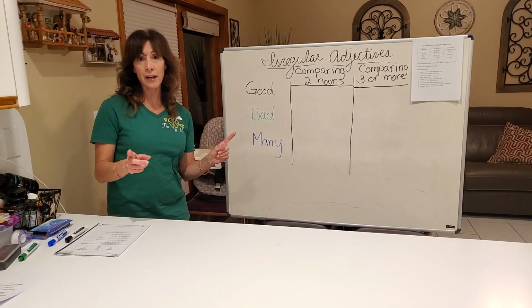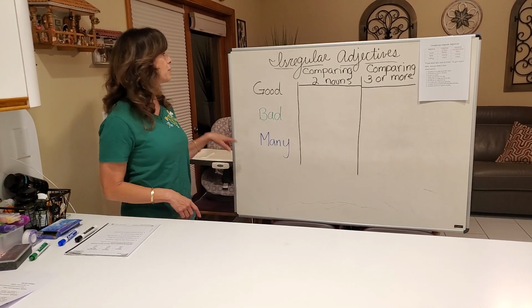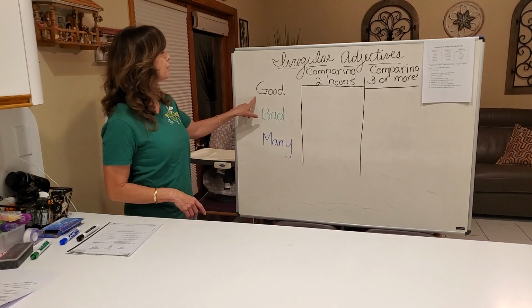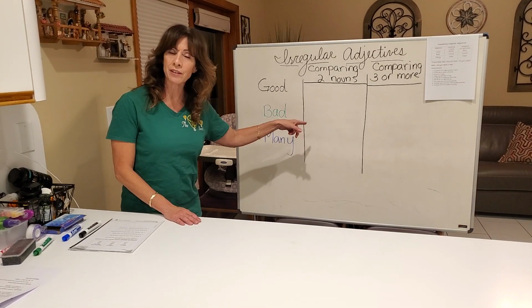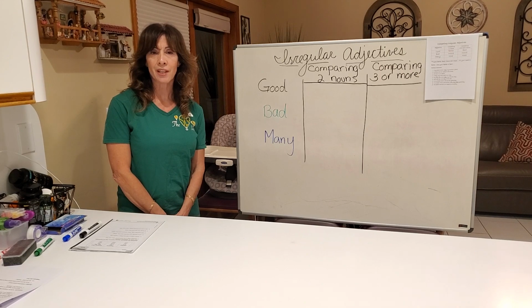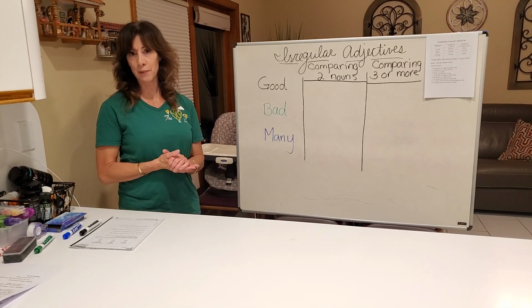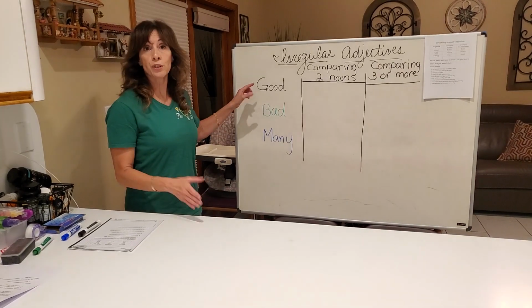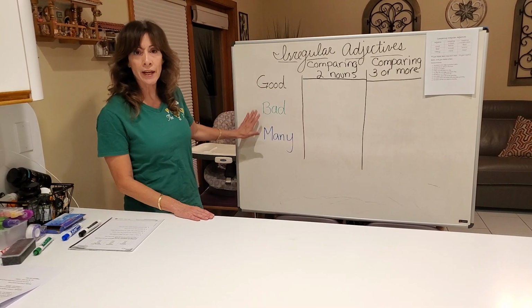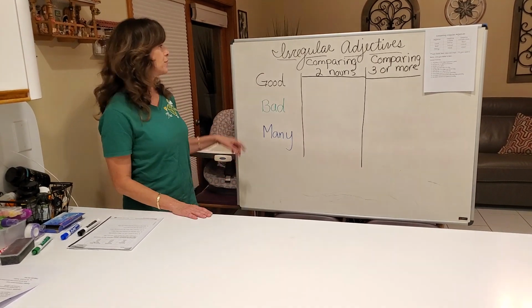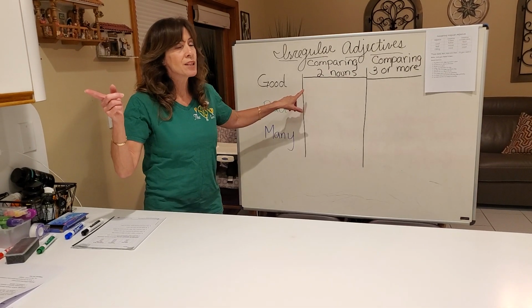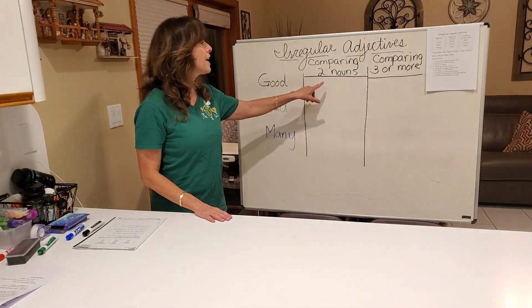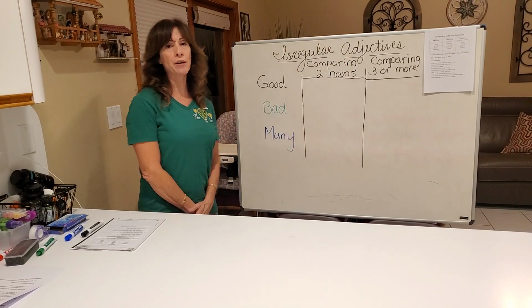Now, if we want to compare the vanilla brownie and the chocolate brownie, we could say a vanilla brownie is gooder than the chocolate brownie. Now, does that make sense? No, that does not make sense. So what do we do? These are irregulars. These do not follow the pattern. So we would say the vanilla brownie is better than the chocolate brownie.